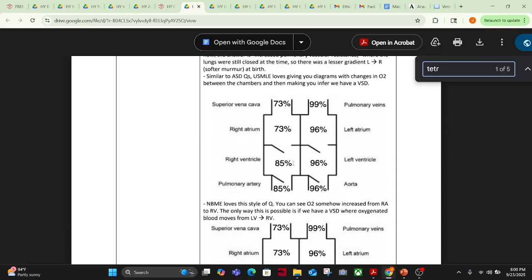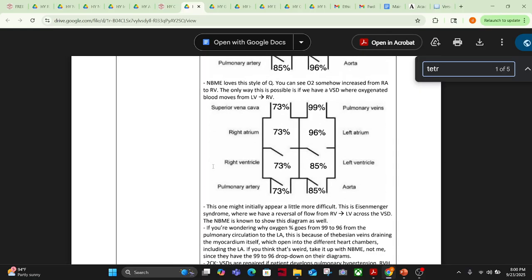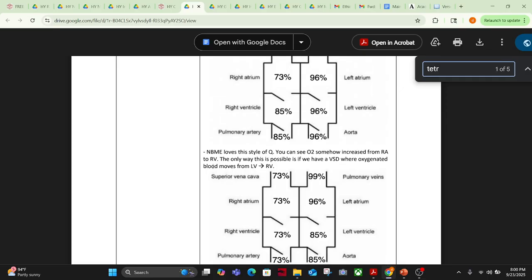Okay, so this is a VSD. And this is what is going to be seen in tetralogy of Fallot. So we have to know anytime there's a jump from a right atrium to a right ventricle, you have to know it's a VSD.